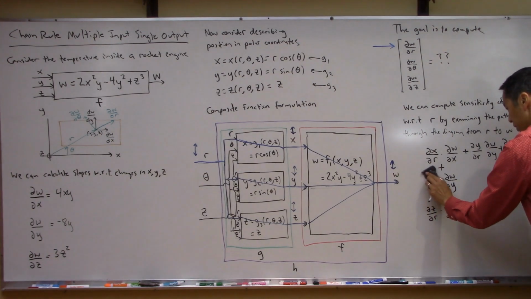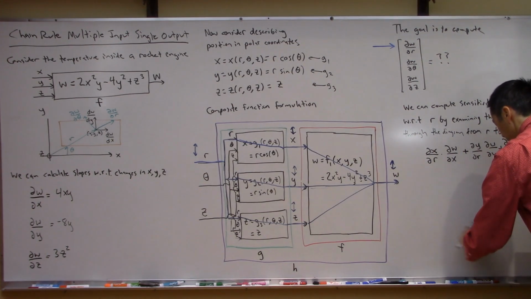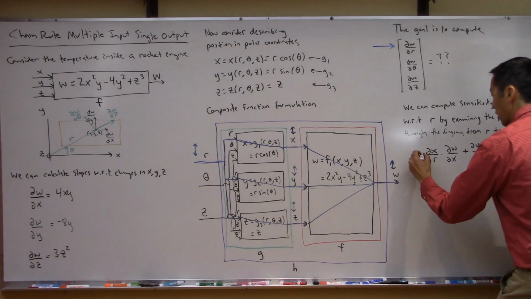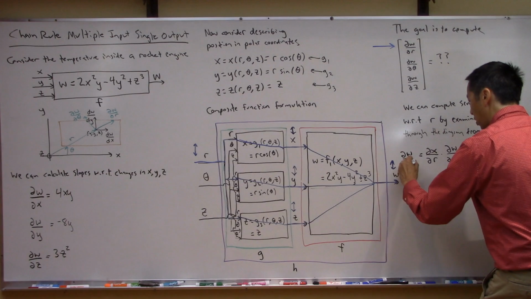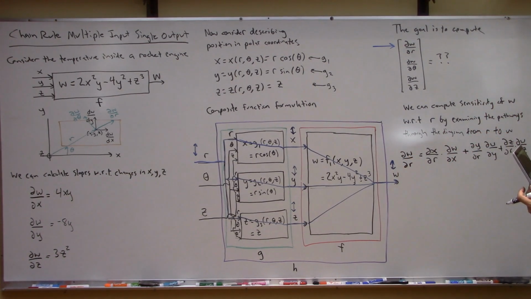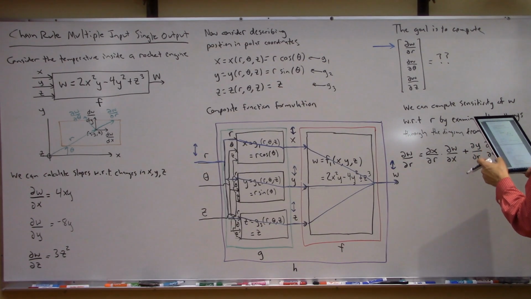Great. This here is the total change in w with respect to r. Great. So now all we have to do is shop around and get, there's 6 partials we have to calculate. So let's go do that right now.